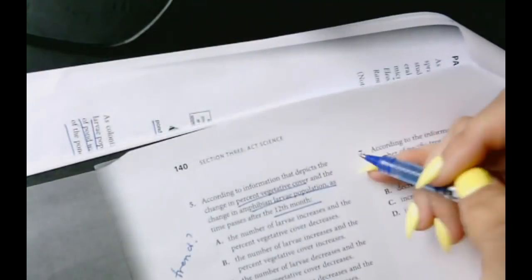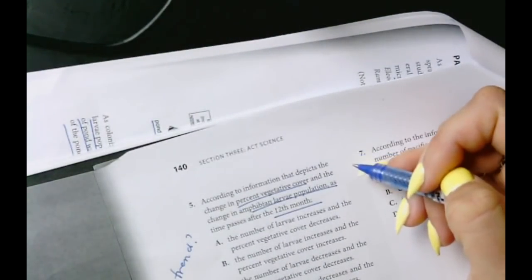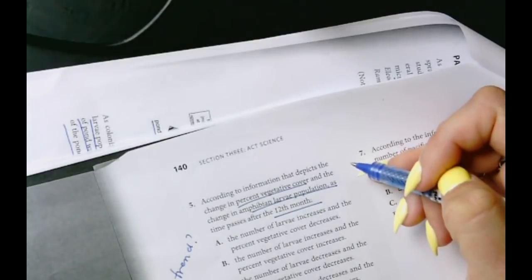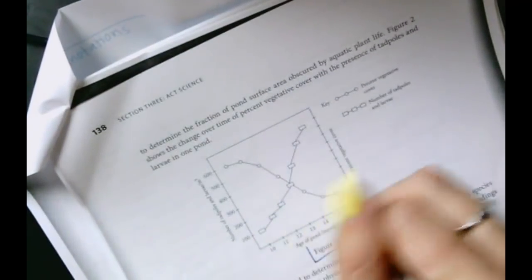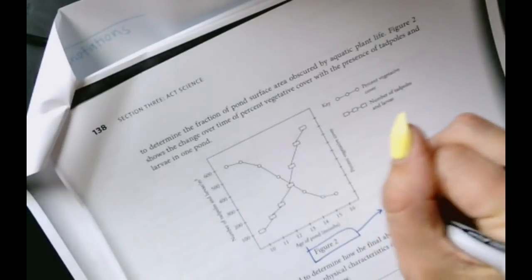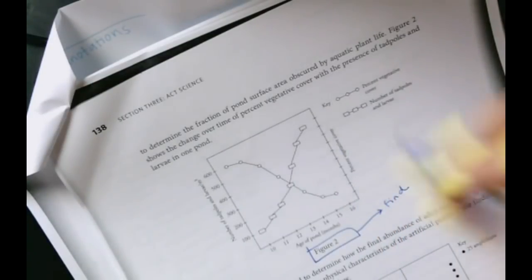But now what are we comparing it to? According to the information that depicts the change in percent vegetative cover and the change in amphibian larvae population as time passes. I bet you this is actually one of these other figures because that graph is super visual. Age of pond, number of tadpoles, percent vegetative. It is this graph. Great. Notice it did not give me a locator, so it didn't say figure 2. We had to find it, and I was looking at the wrong thing.